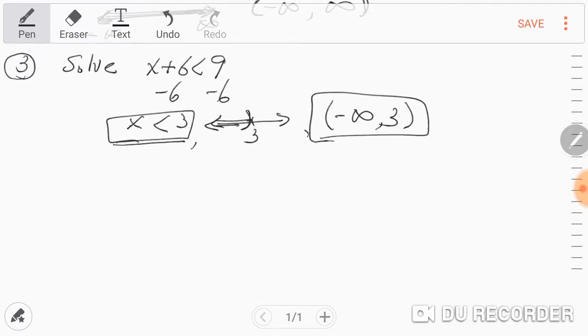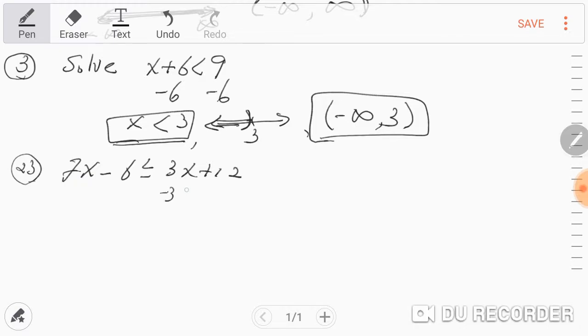Let's try example 23. Solve the linear inequality. There are two variable terms, one on the left side and one on the right side.